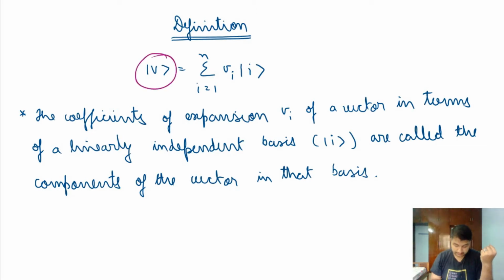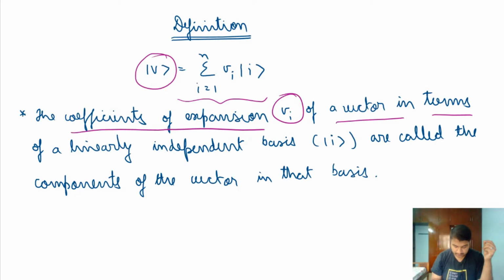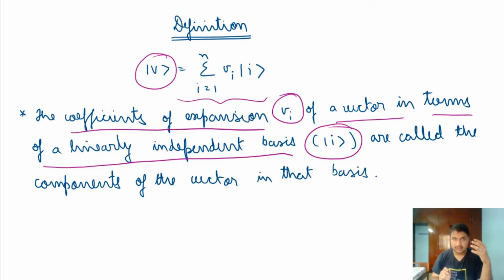If we have a vector v which can be expressed as a linear combination of n linearly independent vectors, where these n linearly independent vectors form the basis of the vector space, then the coefficients of expansion, which we named v_i, of a vector in terms of a linearly independent basis, here the set of vectors e_i with i ranging from 1 to n, are called the components of the vector in that basis.